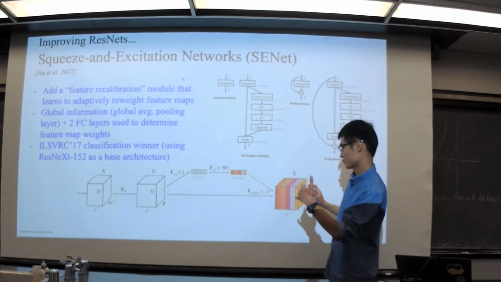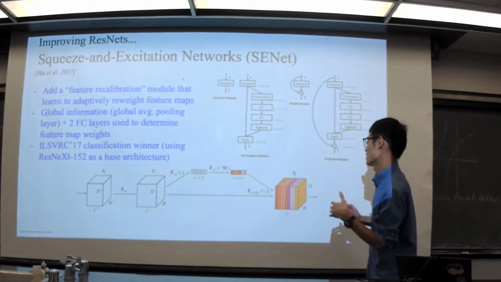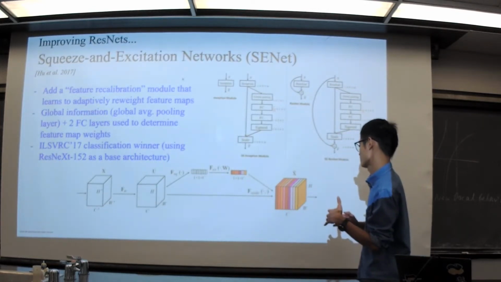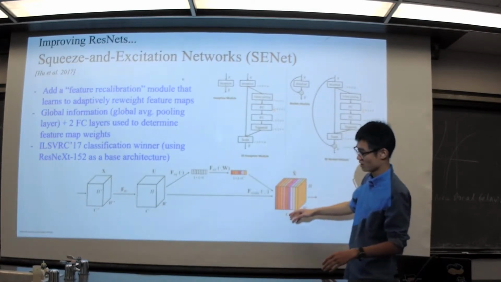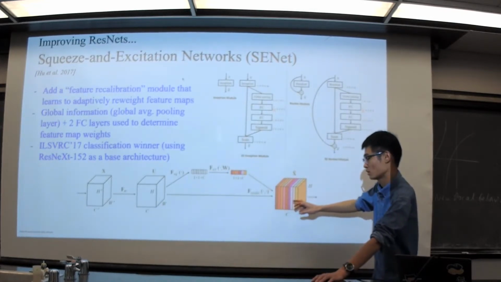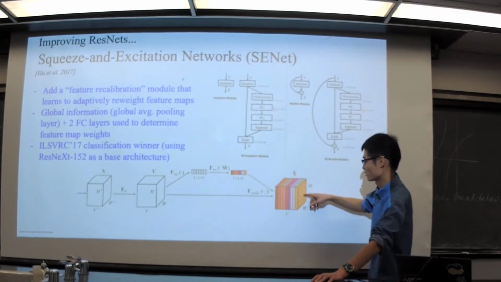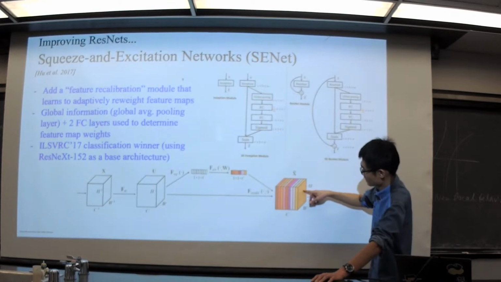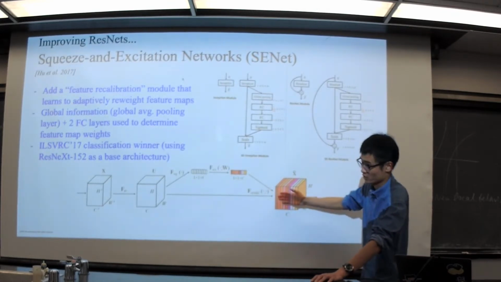So in this way, they give some focus on some specific channels, instead of different parts. If we focus on some part, it will be the same way for all channels.